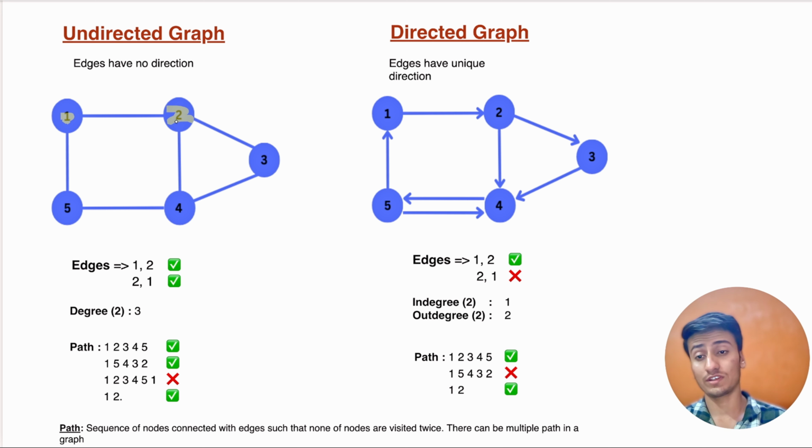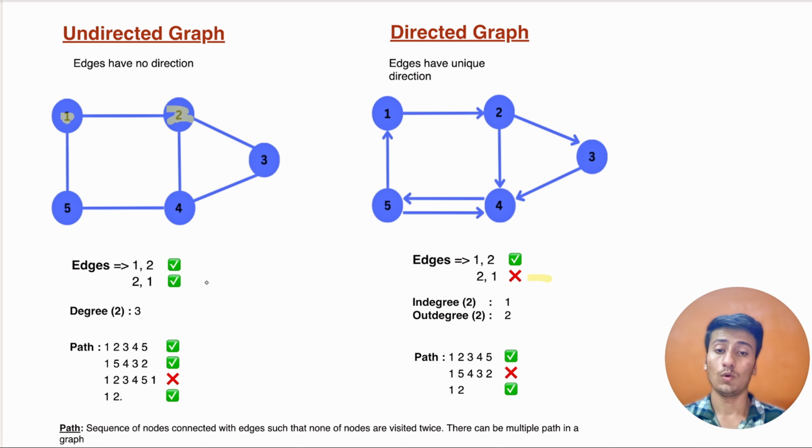Similarly, we can also say there is an edge between 2 and 1 because it is bidirectional by default. But in a directed graph, we can say there is an edge between 1 and 2 because there is an arrow going from 1 to 2, but we can't say that there is an edge between 2 and 1 because the arrow that should be pointing over here is missing.